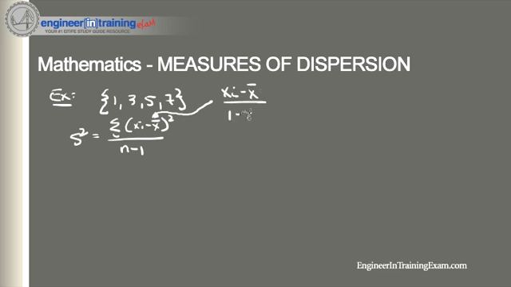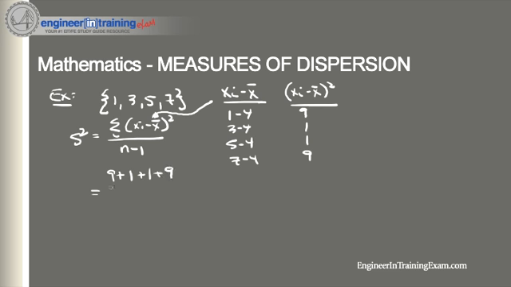So we got 1 minus 4, 3 minus 4, 5 minus 4, and 7 minus 4. So we find that xi minus x bar squared is equal to 9, 1, 1, 9. So take these values and throw them into our equation here. We got 9 plus 1 plus 1 plus 9, divide that by n minus 1, 4 minus 1.